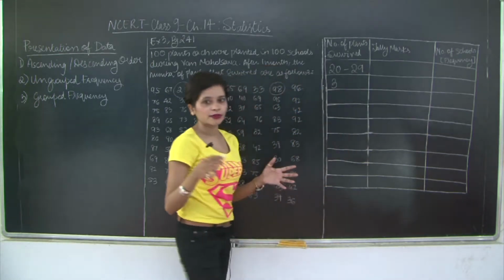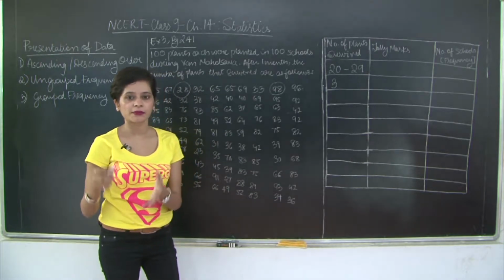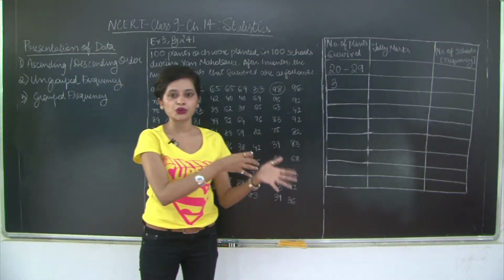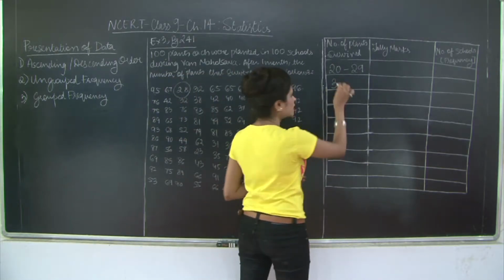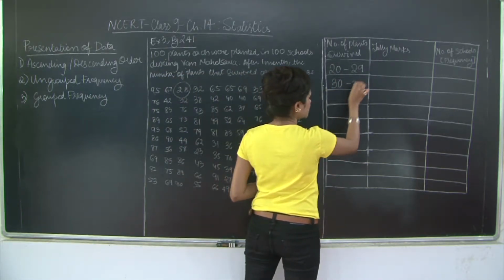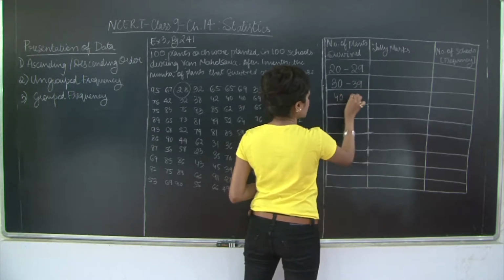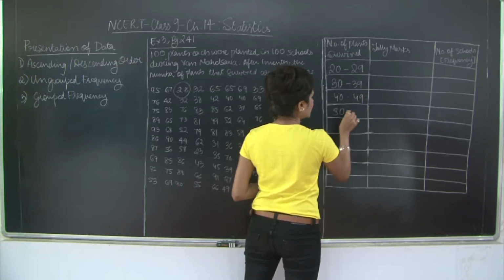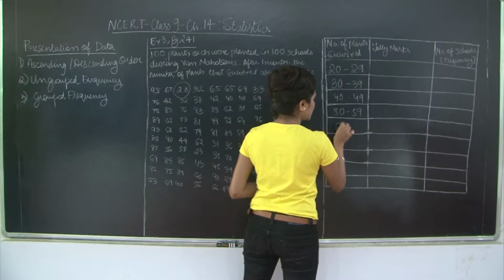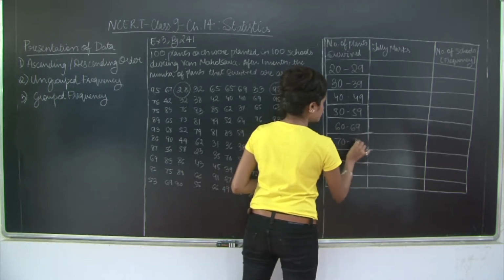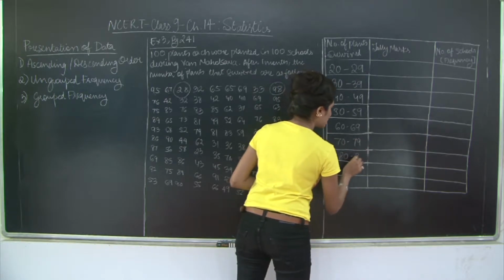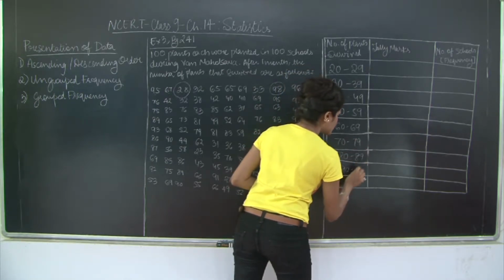For example, if you've been given 10 chocolates and you have to distribute them among 5 students, then you're going to give 2 to each, right? Similarly, for 100 entries, I'm doing 20 to 29, 30 to 39, 40 to 49, 50 to 59, 60 to 69, 70 to 79, 80 to 89 and 90 to 99.